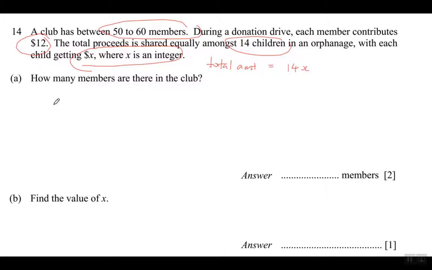How many members are there? X is an integer. So the number of members times $12 must equal 14 times an integer.